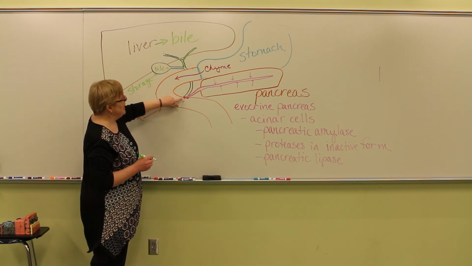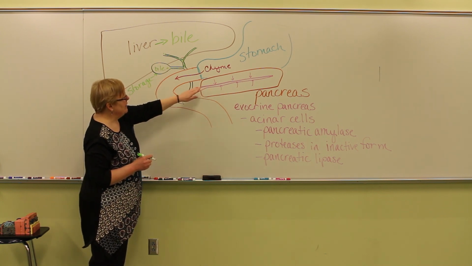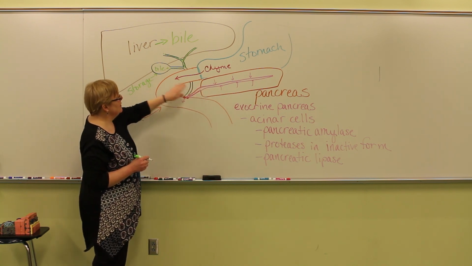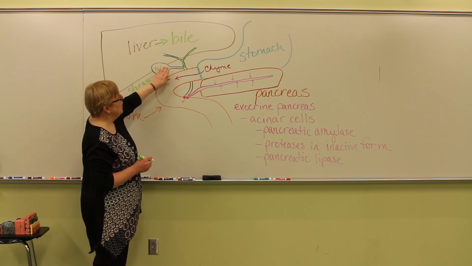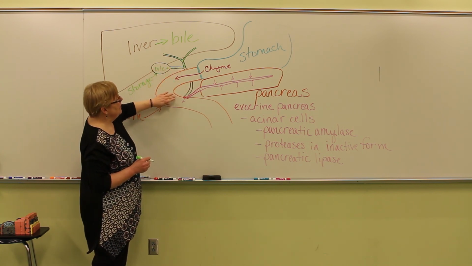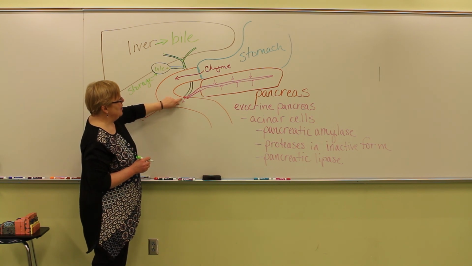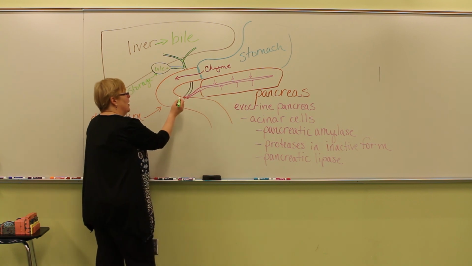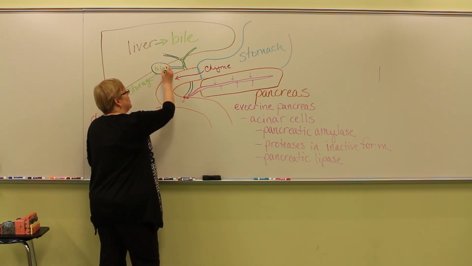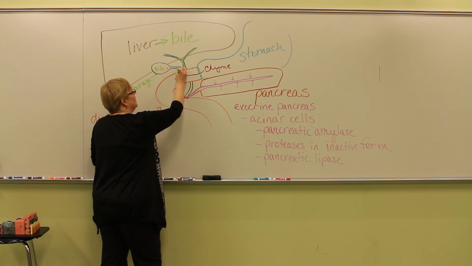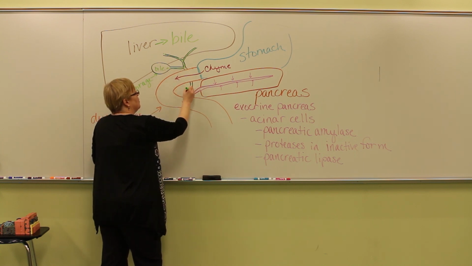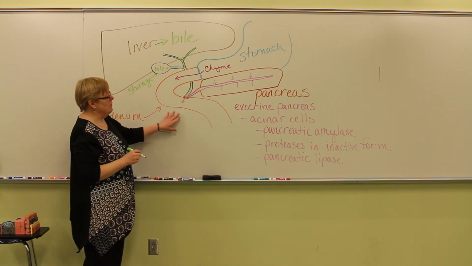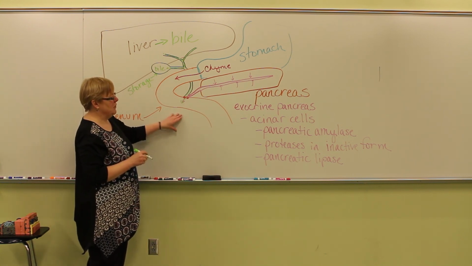And so we'll have a combination of muscular activities in the main pancreatic duct and muscular activity in the gallbladder and this duct system as well. And our hepatopancreatic sphincter will relax, and that will allow the bile to enter. So the bile would be coming from the gallbladder through the cystic duct and then through the bile duct to enter into the lumen of the small intestine, or the duodenum, excuse me.